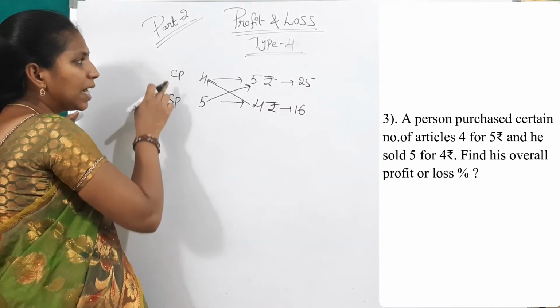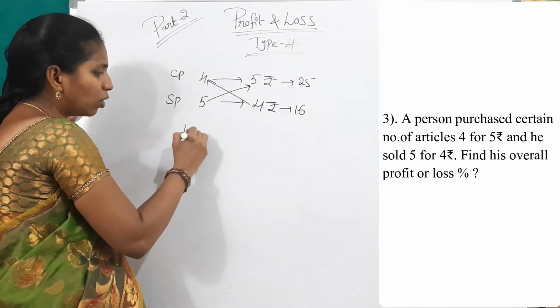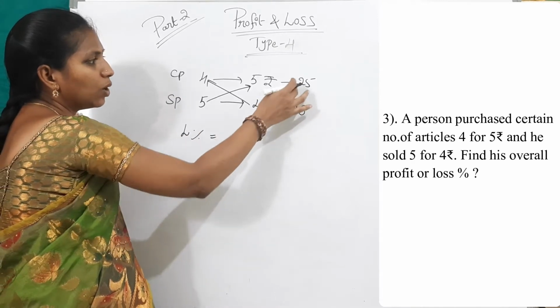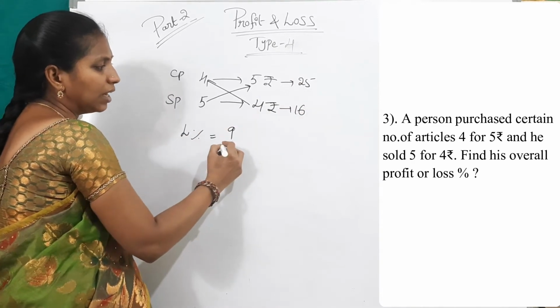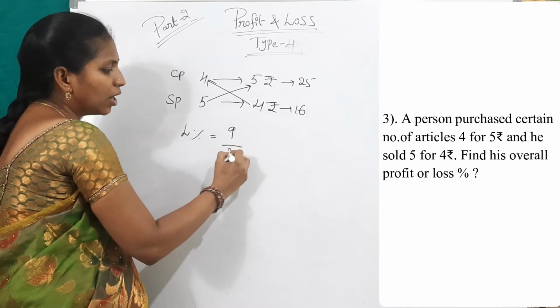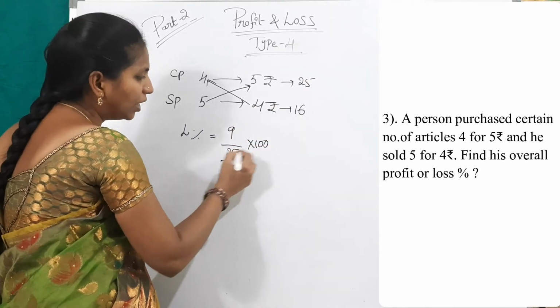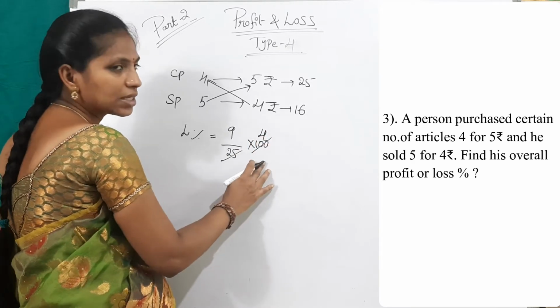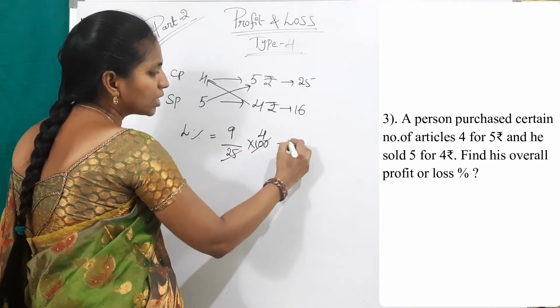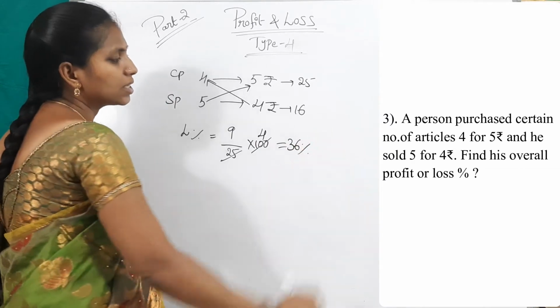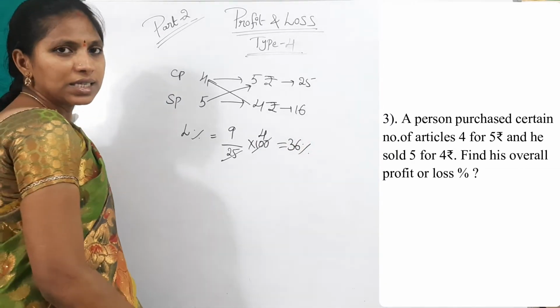Selling price is less than cost price, so there is a loss. Loss percentage equals the difference, 9, over cost price 25, into 100. Now 25 cancelled 4 times. In this 100, 9 into 4 is 36. 36 percent is the result.